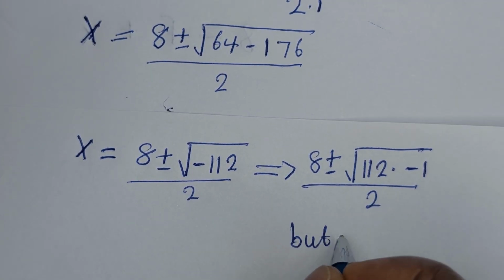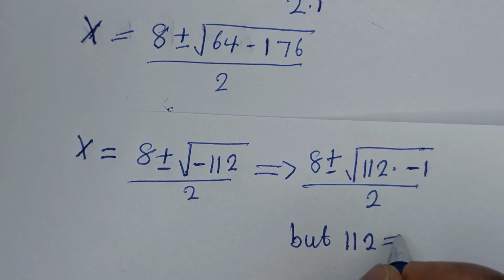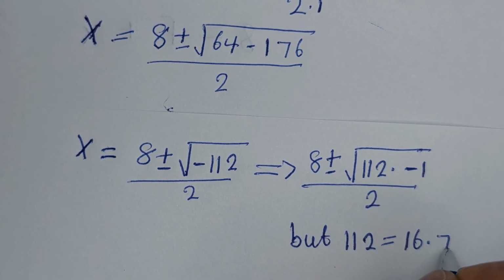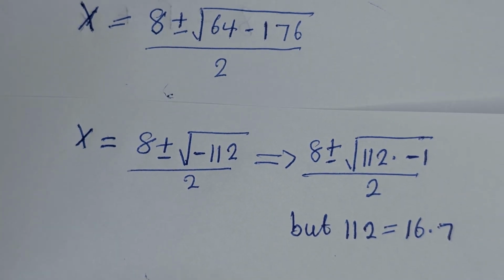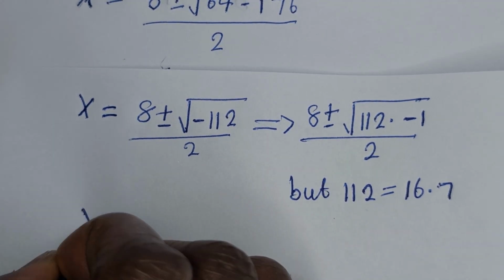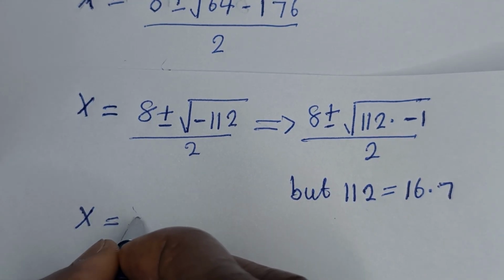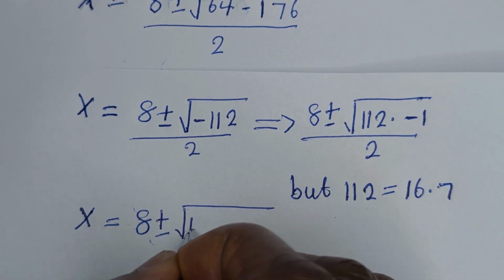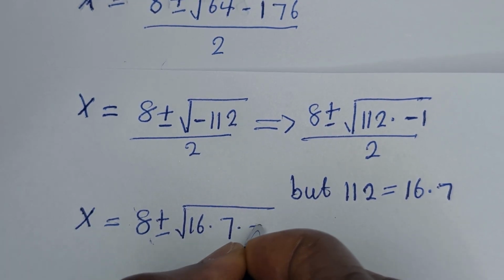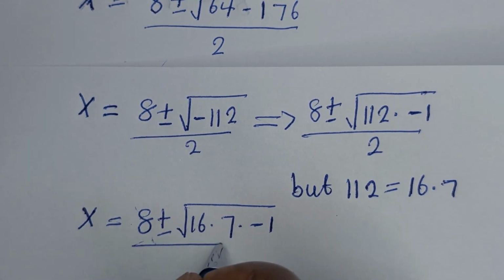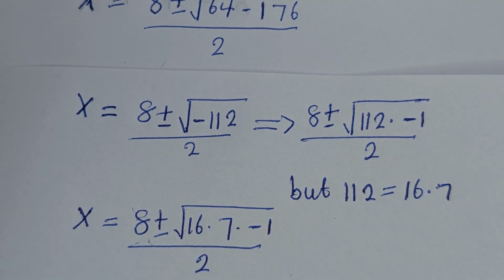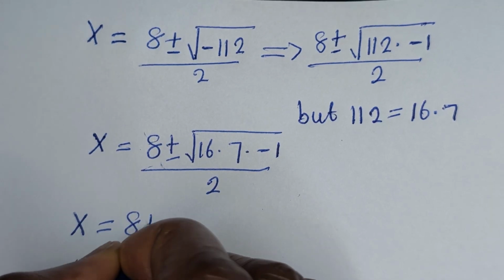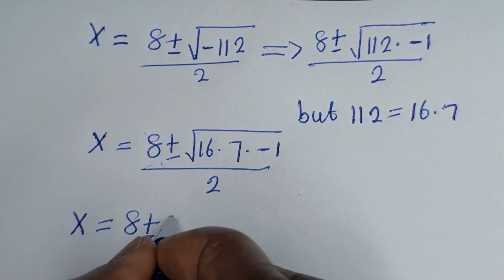But 112 is equal to 16 multiplied by 7. Then s is equal to 8 plus or minus square root of 16 multiplied by 7 multiplied by minus 1 over 2. s is equal to 8 plus or minus square root of 16, that is 4.